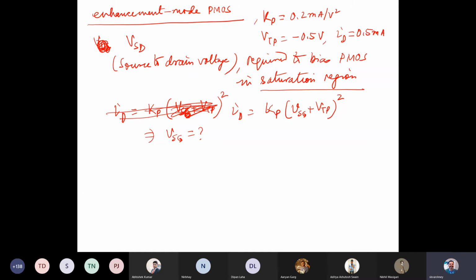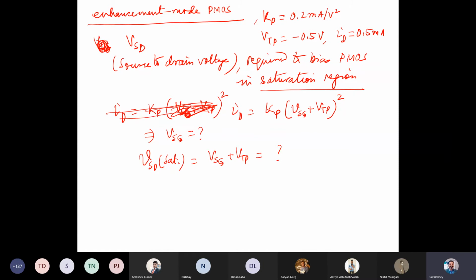And what we have to find out is the source to drain voltage, so that it is in saturation region. It means we have to find VSD saturation, which will be VSG plus VTP. That would give us the VSD saturation voltage, because it asks for the source to drain voltage required to bias the PMOS in saturation region.